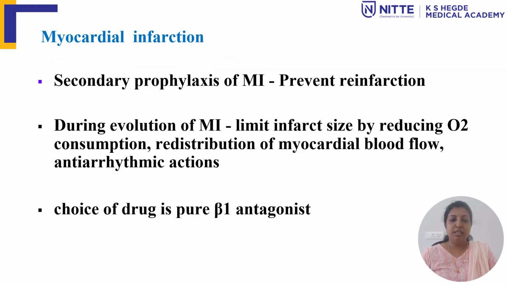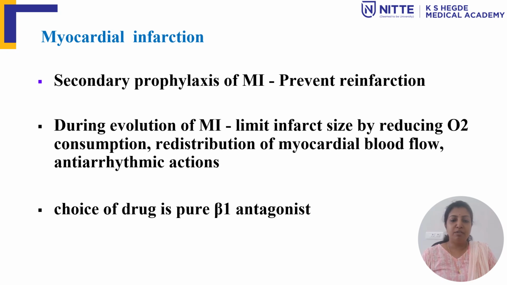Another indication is myocardial infarction. Beta blockers are used for two purposes: one is secondary prophylaxis of MI, and second is during the evolution of MI. In secondary prophylaxis of MI, they can prevent reinfarction. Studies have shown that long-term use after recovery from MI decreases subsequent mortality.